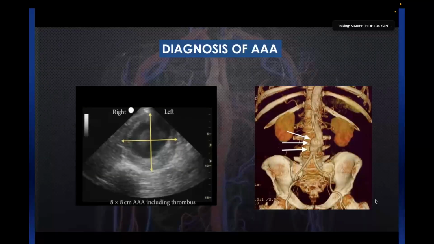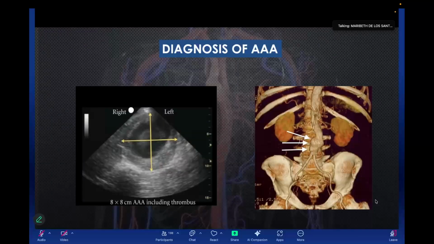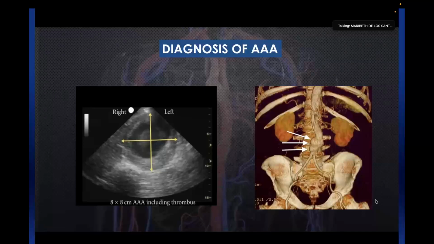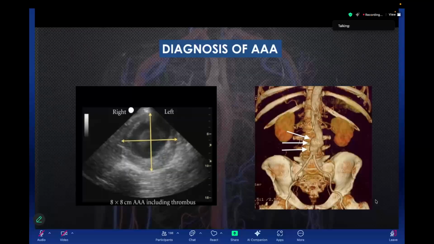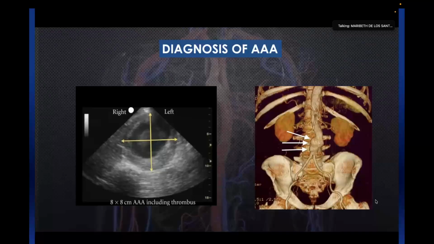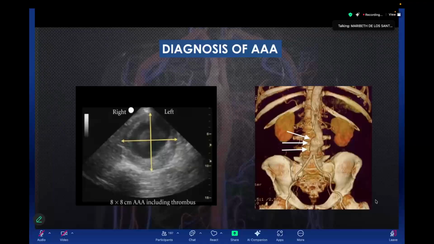That is the imaging test that we use when we want to see whether there is a rapid progression or none of the abdominal aortic aneurysm. CT scan is also used for the diagnosis, but again, I want to emphasize monitoring of progression. We use ultrasound, abdominal ultrasound.